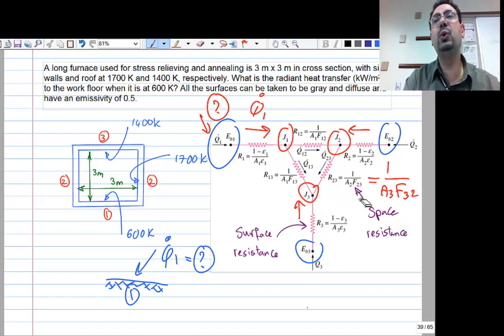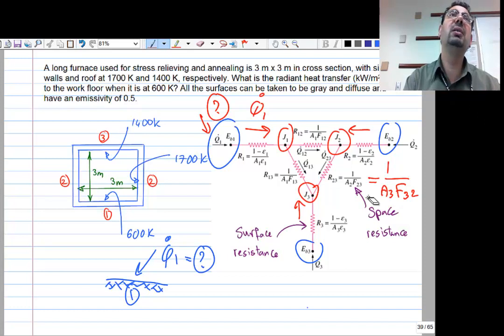So rather than area 2 F23, it's area 3 F32. Why would that be useful? Because sometimes you could get one of them more easily than the other, just from the table, as you will see in a second. But we will work the table to get those 3 space resistances. And those surface resistances, we have them.